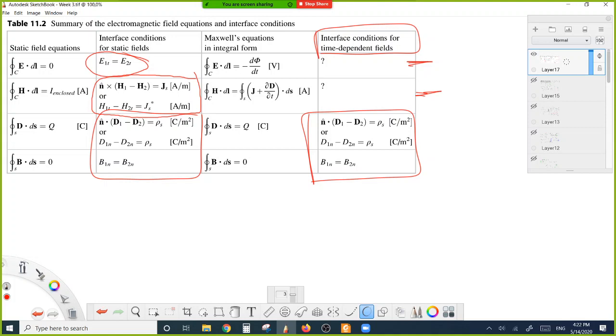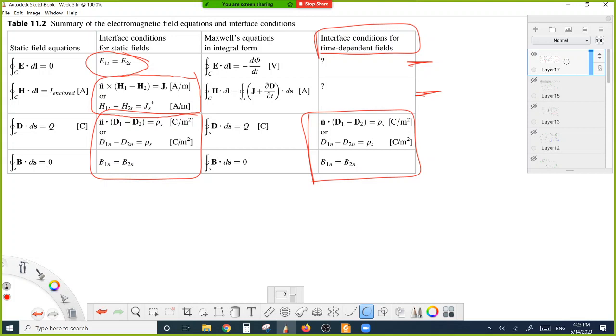Second, Maxwell's equations in integral form are applied to the interface. From this, we find the conditions on the electric and magnetic fields on both sides of the interface, since the fields must satisfy Maxwell's equations everywhere.